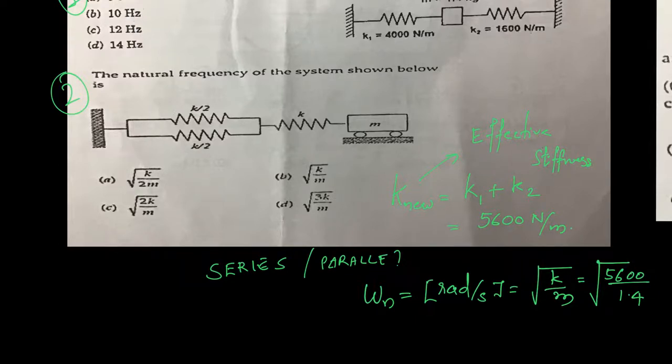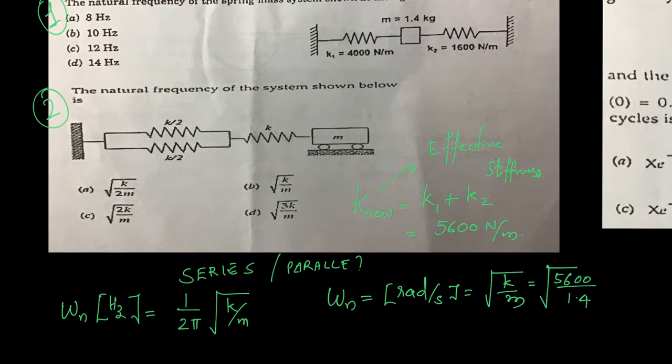So what you should do? So the natural frequency in hertz is given by 1 by 2 pi root k by m. Just plug in the values and get the answer. If you work out the numbers on your own, then you will get the natural frequency near 10 hertz. So the answer is option B.